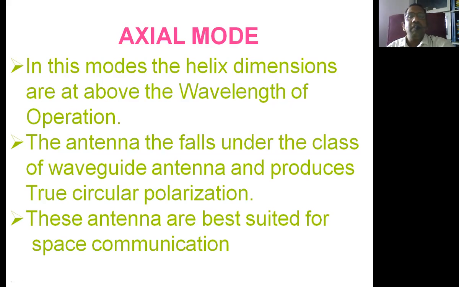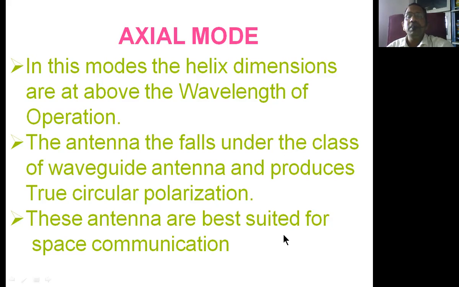So if the dimensions are above the wavelength of operation, it comes under the axial mode of operation. This antenna falls under the class of waveguide antennas and produces circular polarization, that is, a circular polarized wave.